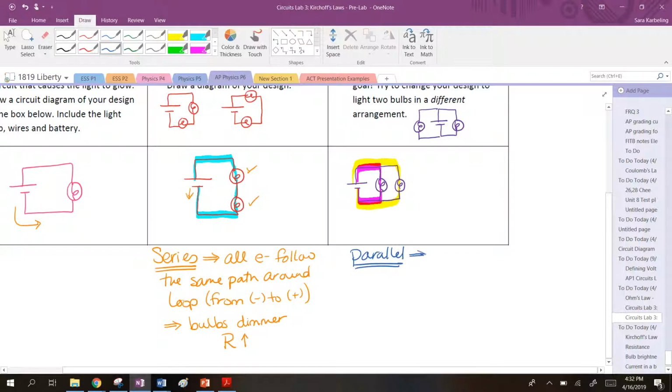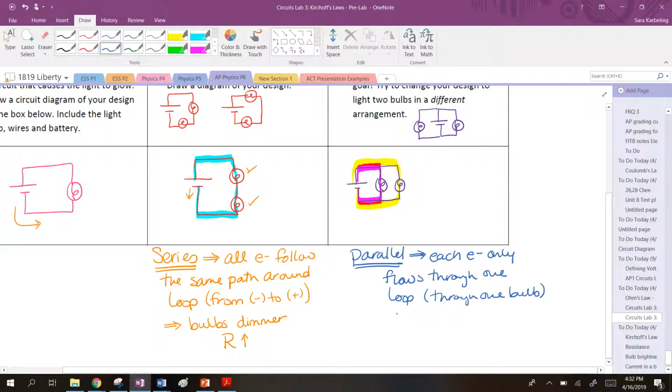Okay, and in this case, opposite of the series, each electron only flows through one loop. And in our case, that means through one bulb.